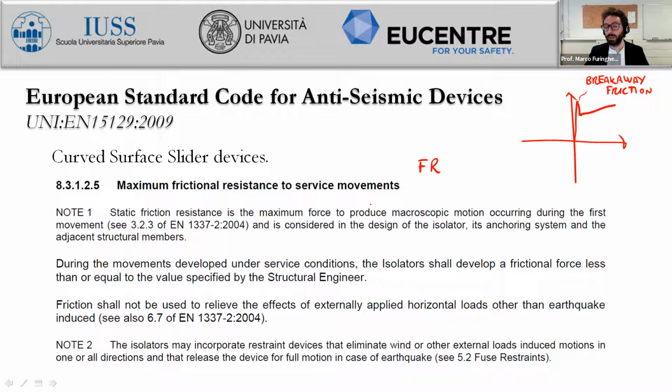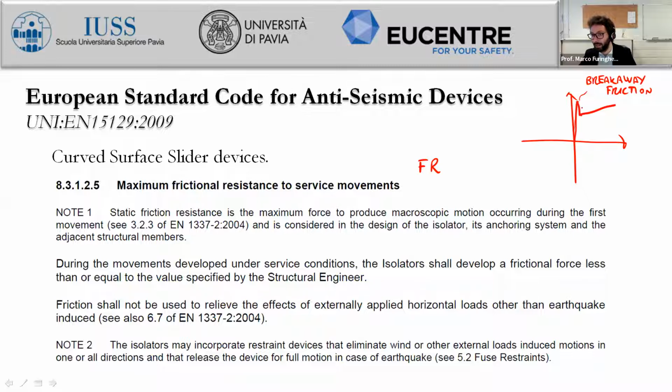So even if your structure is an isolated one, it is exactly like having a structure with a fixed base configuration. This is a very important parameter to evaluate because otherwise you are expecting a specific behavior of a base isolated building, but then it behaves exactly like a fixed base building because there is the breakaway effect.